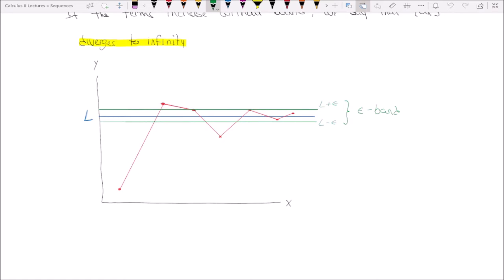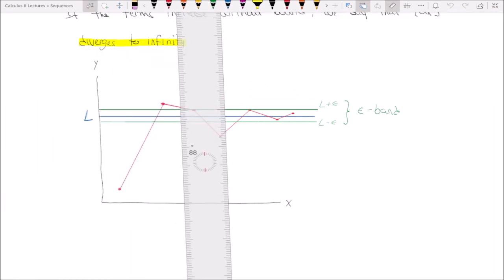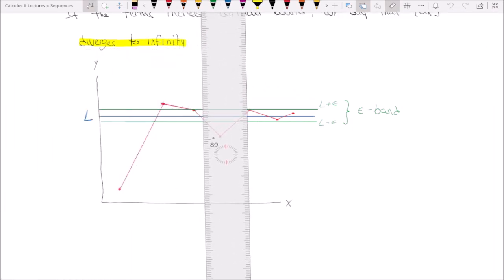So there is a value, capital N, such that for every value larger than it, every term in the sequence falls within this epsilon band. Right? In this case, that N would be right here.